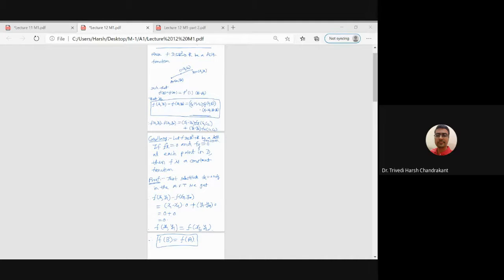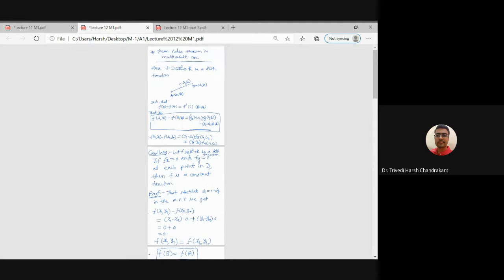Yeah, so what we discussed is we just applied the mean value theorem for the differentiable function whose partial derivatives are 0. So in one variable case, we know that if the function has derivative 0 at every point, then the function is constant function. So same result we want to prove for two variable case. So this is the equation of the mean value theorem, which involves the partial derivatives fx and fy.